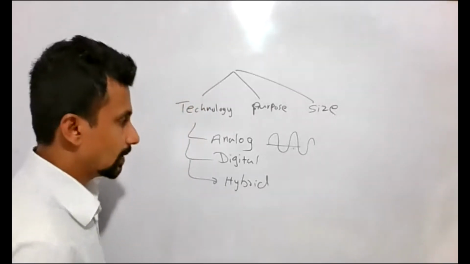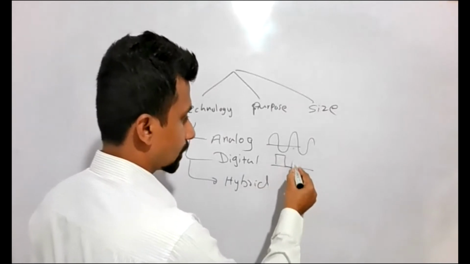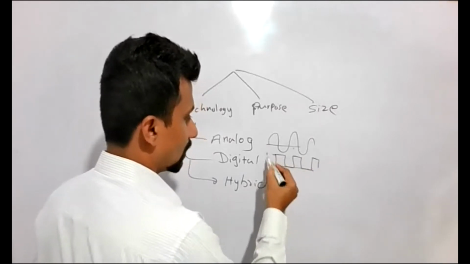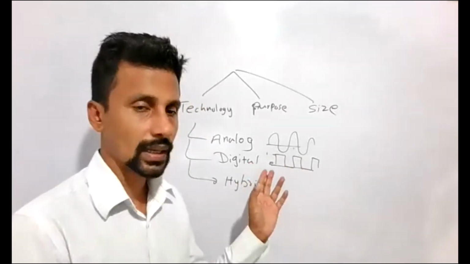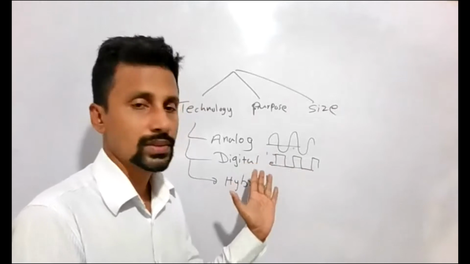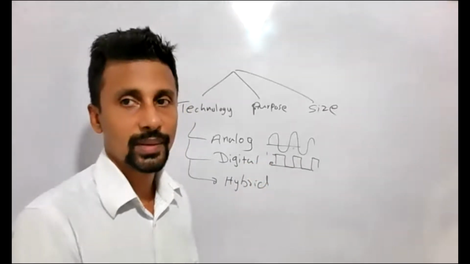If you take a digital computer, signals are like this. You have either 1 or 0. This data transmission we will be discussing in unit 6, that is networking. Don't worry about it at the moment.